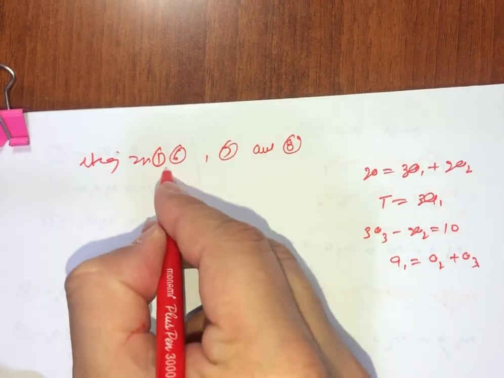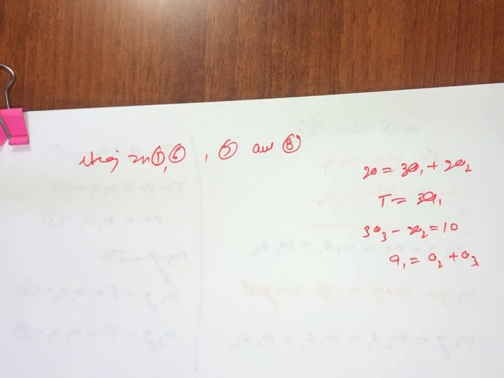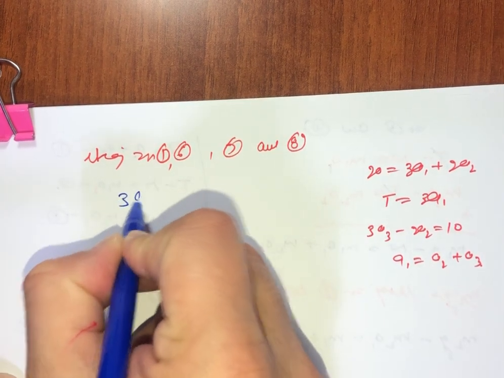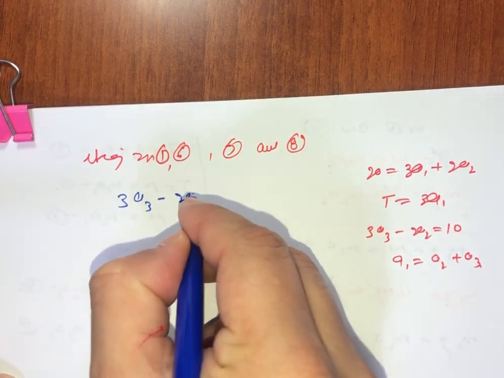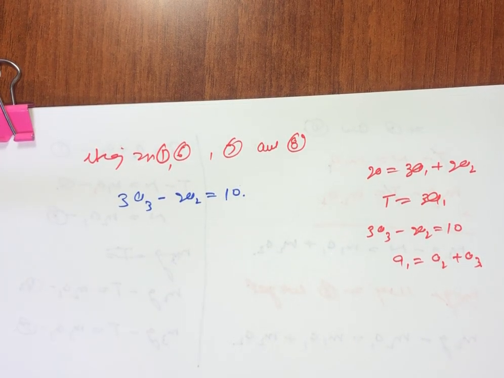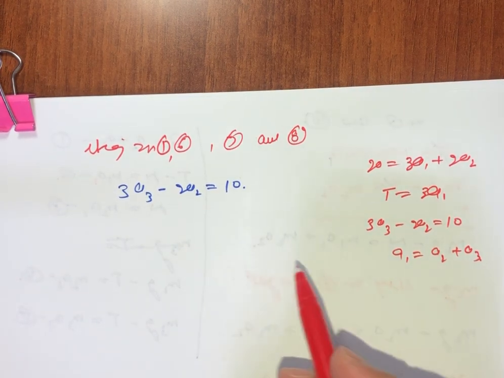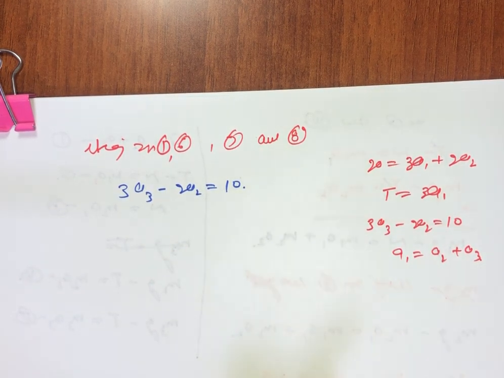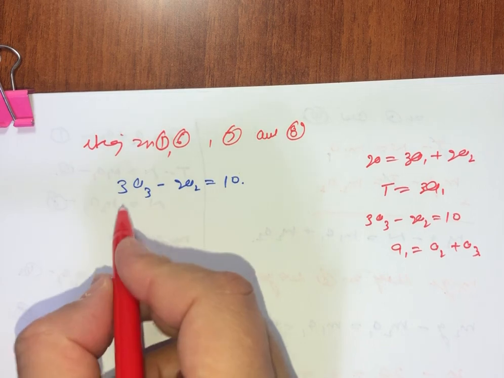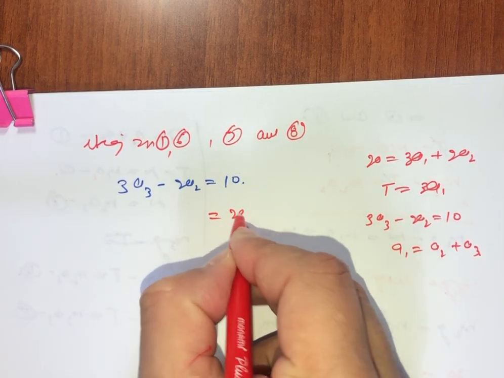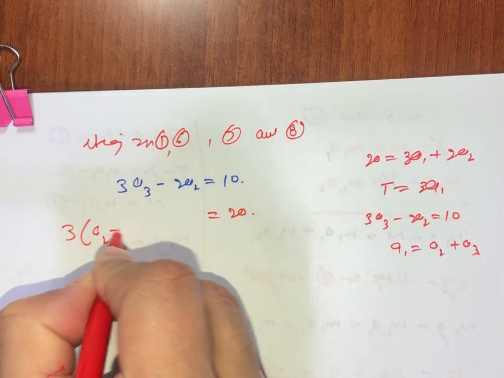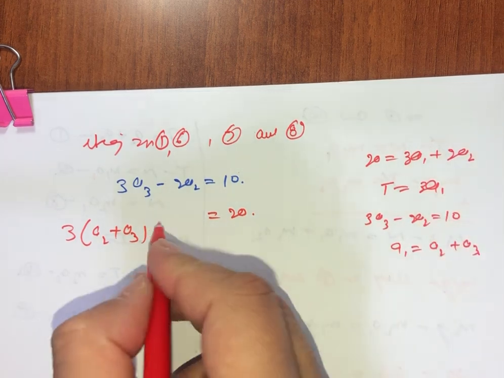So we have 3a3 minus 2a2 is equal to 10, and we can use this equation. So this is equal to 20 is 3a1, and a1 is a2 plus a3, and this is plus 2a2.